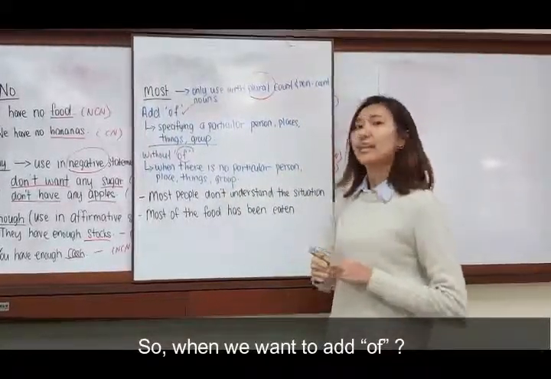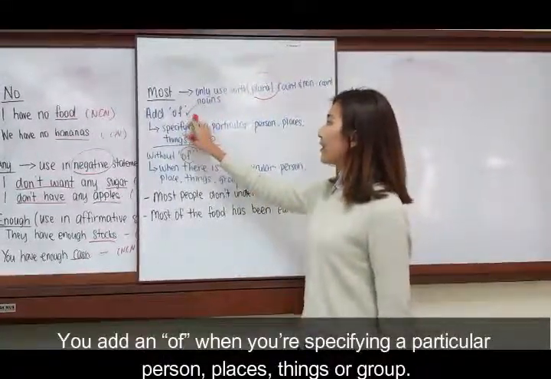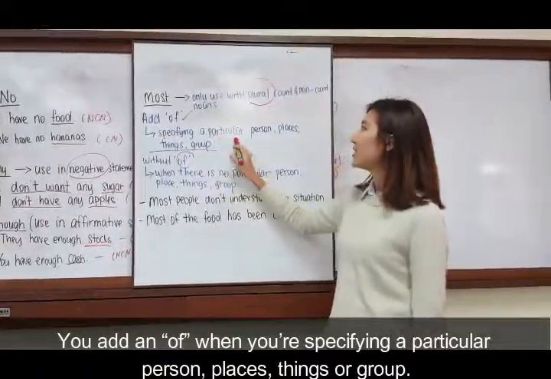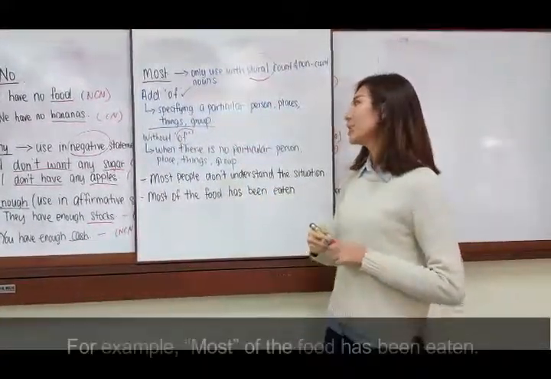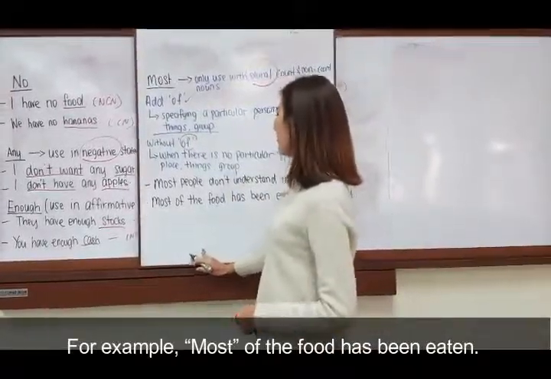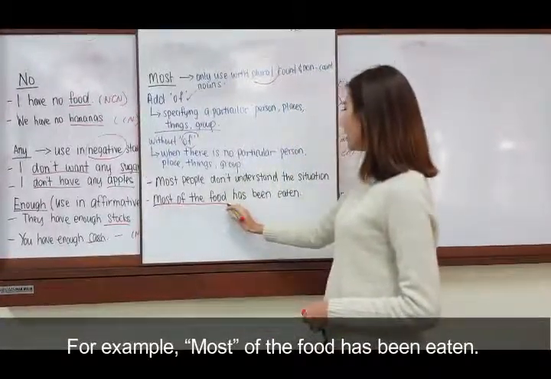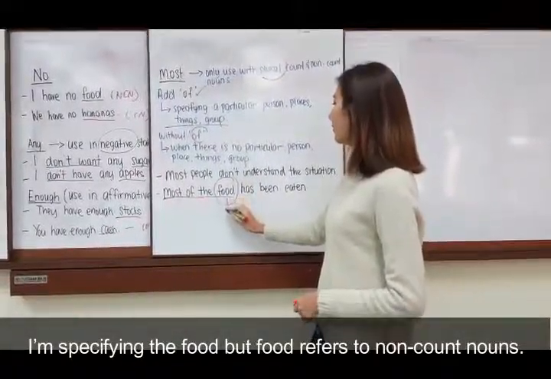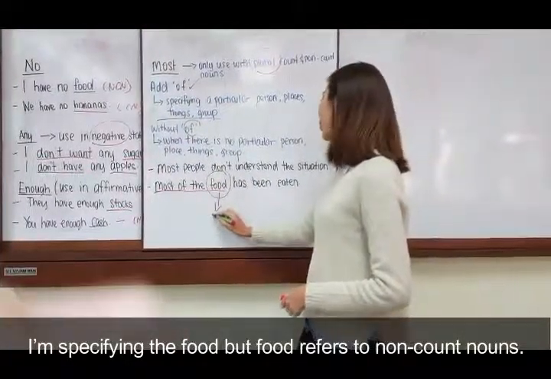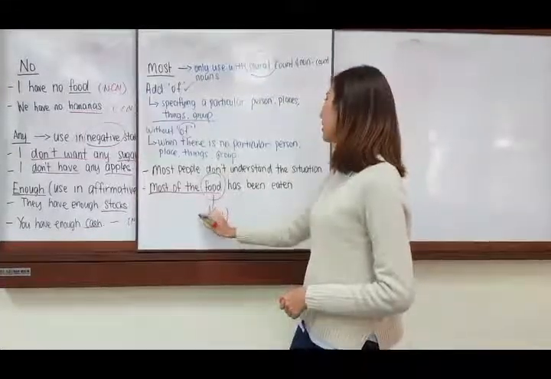So when do you want to add an of? You add an of when you are specifying a particular person, place, thing, or group. For example, most of the food has been eaten. I am specifying the food, but food refers to non-count nouns.